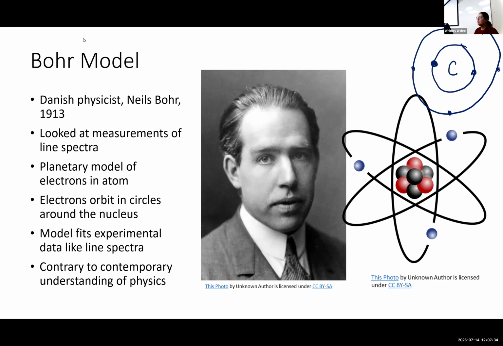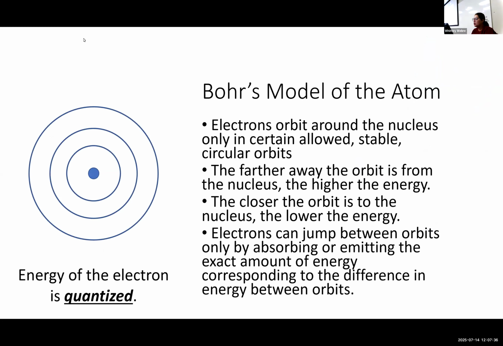Yeah, the Bohr model of the atom. Electrons orbit around the nucleus only in certain allowed stable circular orbits. So if I have something like hydrogen or helium, they would only orbit around this first subshell. We say subshells. Let's say this is the first subshell, n is the number for the subshell: n equals 2, n equals 3.